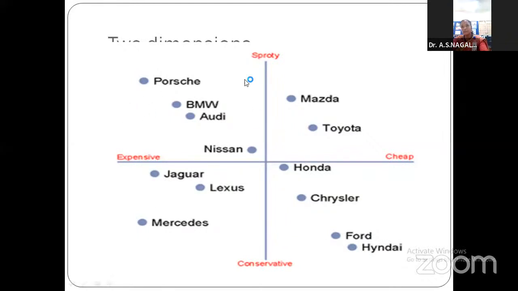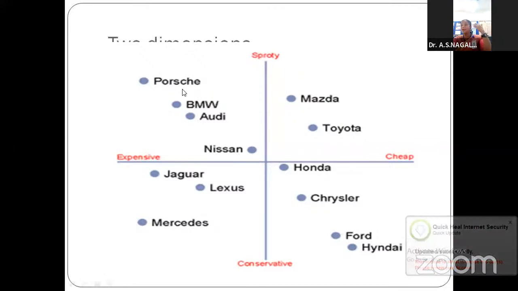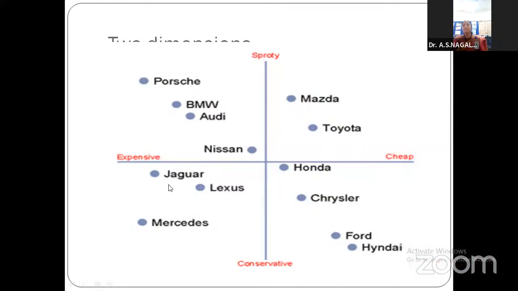If you go to this part, these cars are expensive. Here BMW, Audi and Nissan can be considered sporty, according to the respondents' opinion. And here Jaguar, Lexus and Mercedes are very expensive as well as conservative.